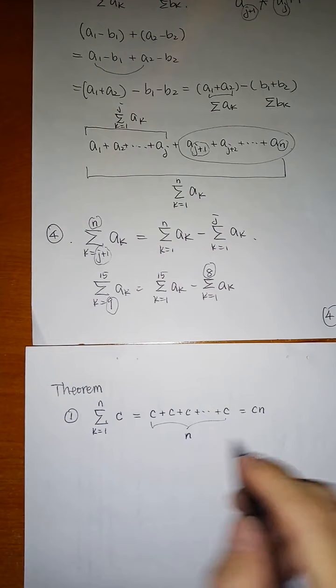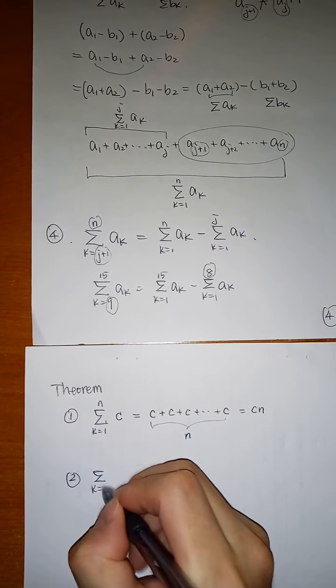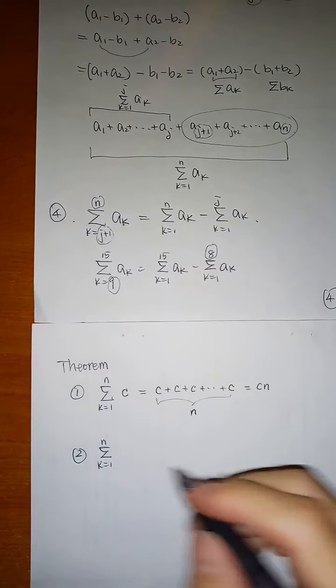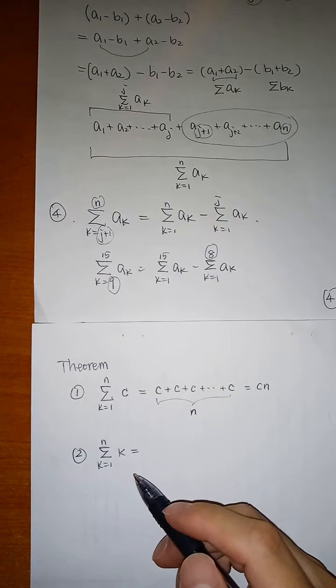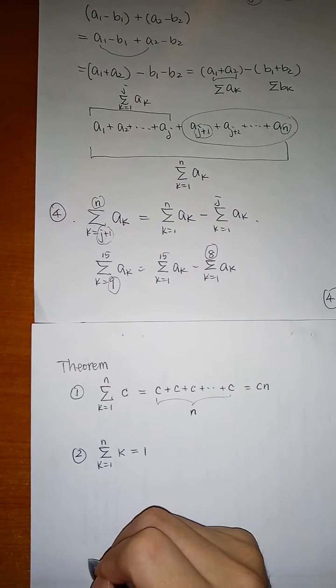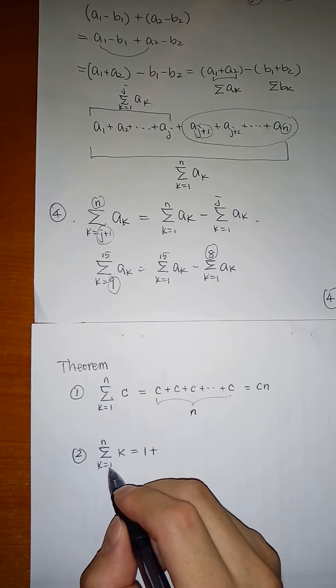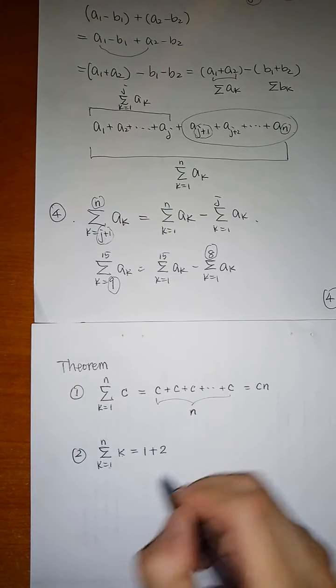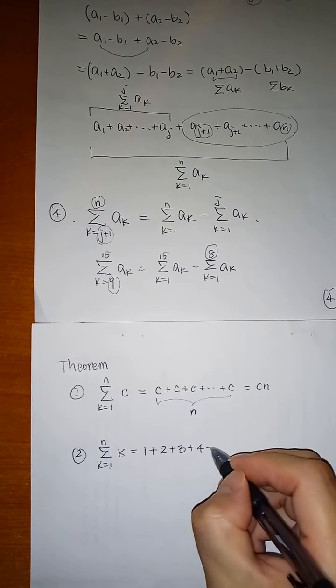So we actually prove it. And the second one we will prove later today. Okay, so what's this? K is 1, you evaluate the term, you get 1. Add. Then you move to 2. K is 2, you get 2. K is 3, you get 3. K is 4, you get 4.